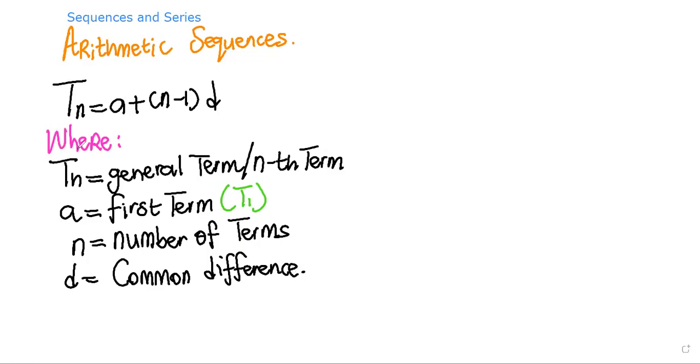Now, one thing that you must understand is that the moment we have T1 representing the first term, T2 representing the second term, T3 representing the third term, and so forth, that on its own represents a sequence.